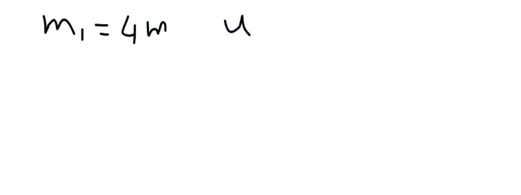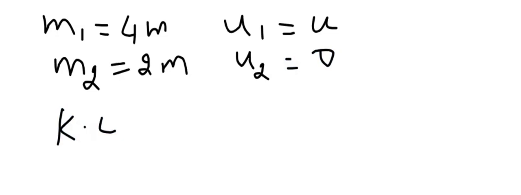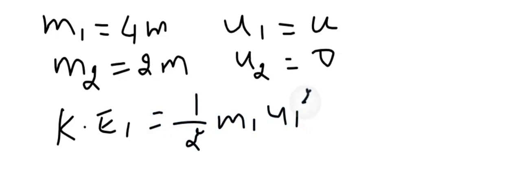So given m1 is equal to 4m, u1 is equal to u, m2 is 2m and u2 is 0. So let us take kinetic energy E1 is equal to half m1 u1 squared, which is nothing but half m1 u squared, which is half into 4m into u squared.